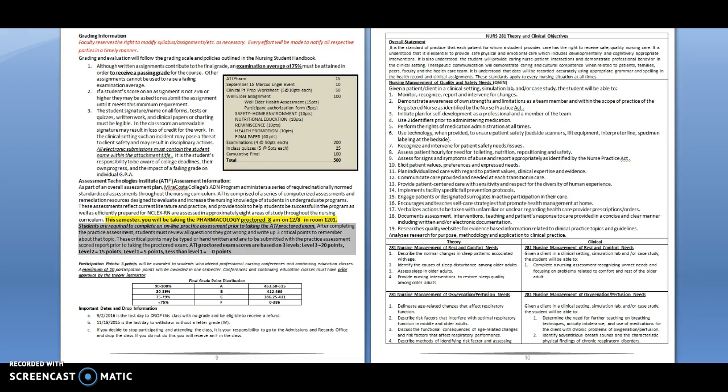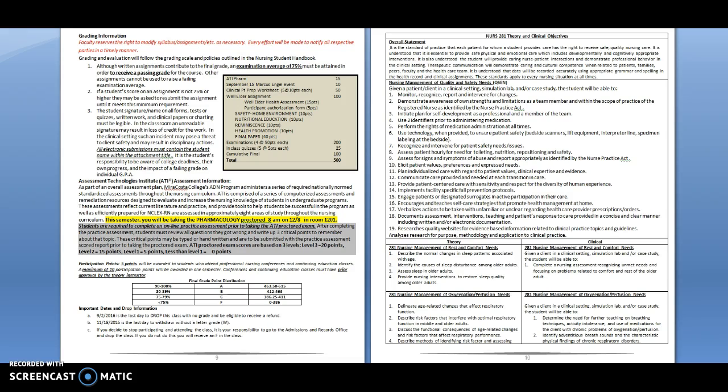Grading information. So what we have going on is your pharmacology ATI exam is worth 15 points. That's something that you can review on the ATI website and through your ATI books if you have them, or your online books. I'm giving you 10 points to attend this September 15th Marcus Engel event. There's a big 10 points. Just have to attend. Your clinical prep worksheets, which are done clinically, you will have 5 that will be turned in for 10 points each.